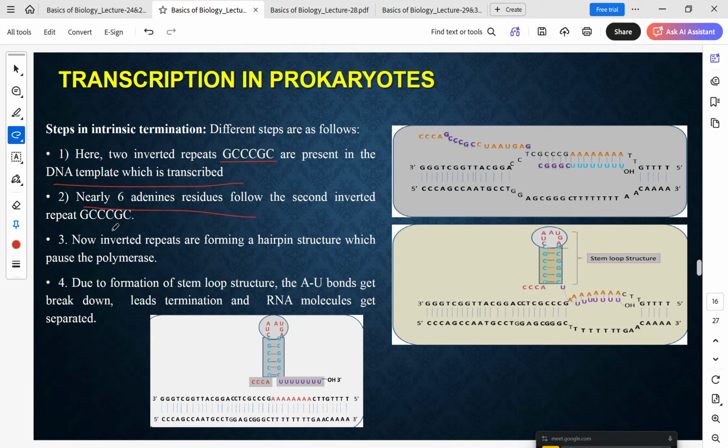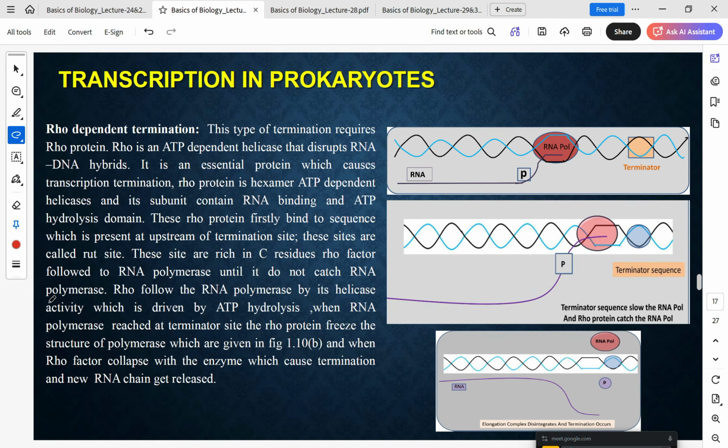Essentially, the inverted repeats form a hairpin structure that pauses the polymerase. This is also called stalling, if I remember correctly. Due to formation of the stem loop, the AU bonds break down, and this leads to termination, and the RNA molecules get separated, which can then be shuttled outside for translation after some processing.